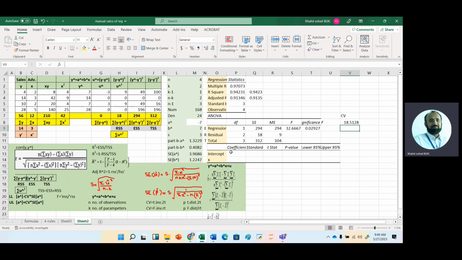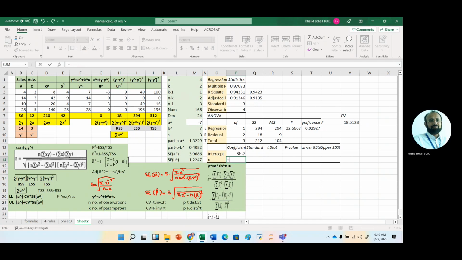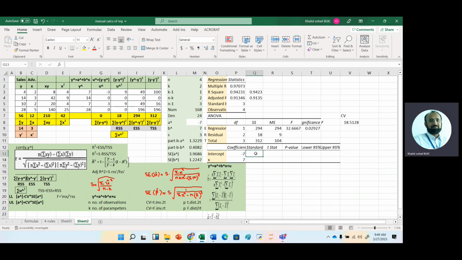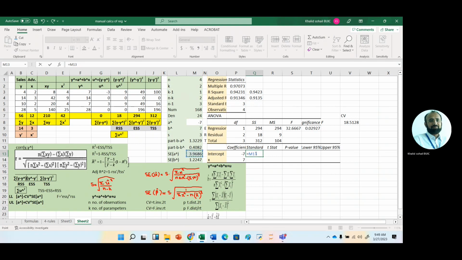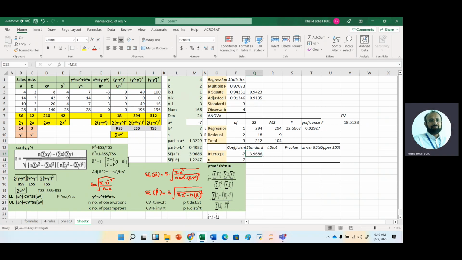Now the last part of this regression output. First one is the intercept, and we have calculated this one. And the second coefficient, that is the slope, and then the standard error. We have this standard error, and just copy it down because it is written in sequence. Then for the t statistic, we just divide the coefficient by the standard error.